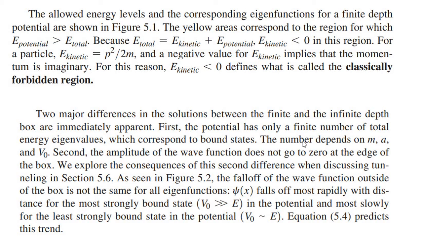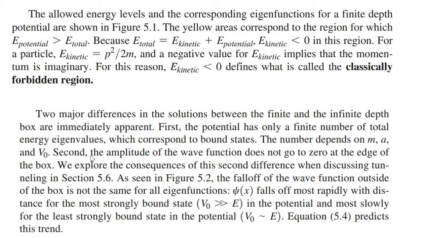How many you get depends on the design of the box: partly the mass of the particle, partly the length of the box, and of course the height of the potential box V0. So m, a and V0 are the parameters on which the number of bound states depends, and it is not infinite.